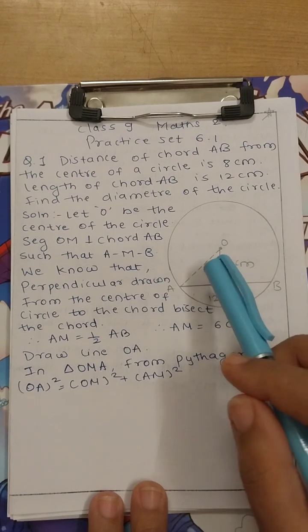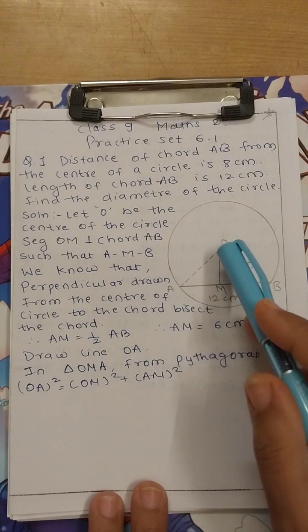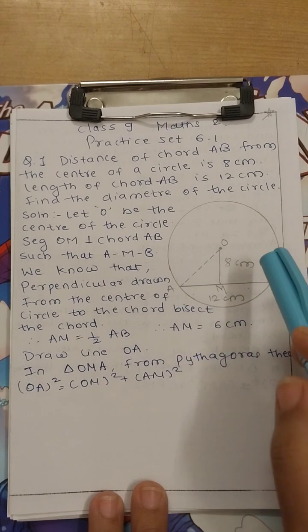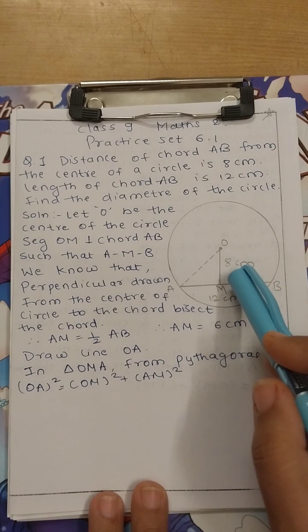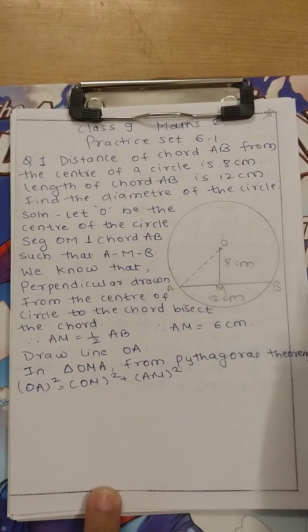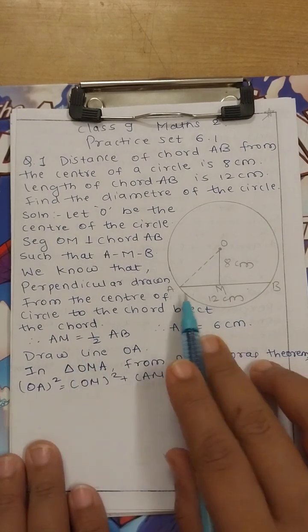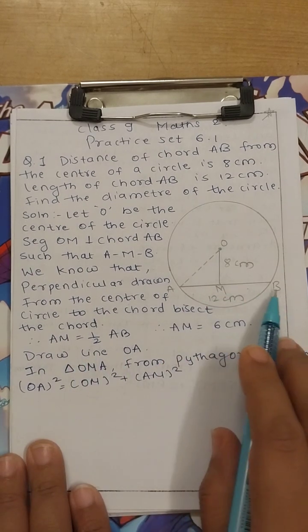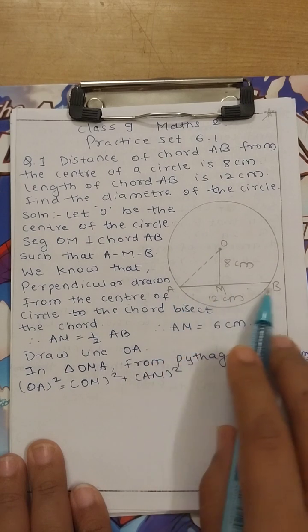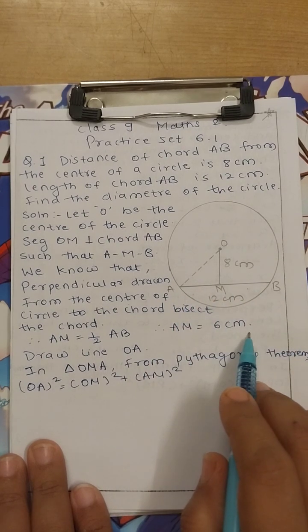We know that the perpendicular drawn from the center of a circle to the chord bisects the chord. Bisect means making two equal parts. Therefore, AM is equal to MB is equal to half of AB, which is equal to 6 centimeter.